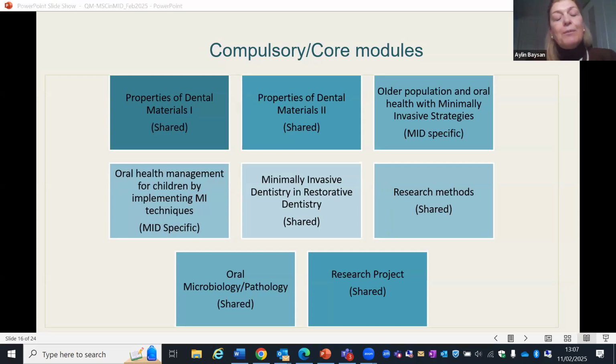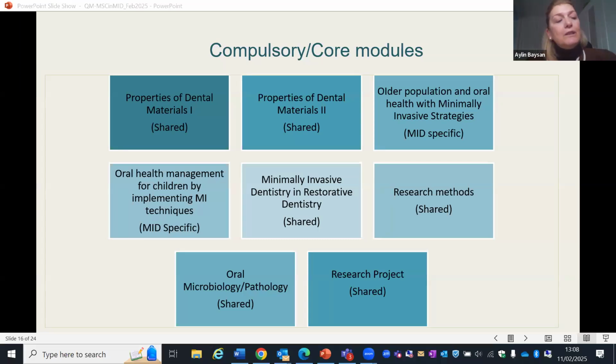Okay, and the other one is the fourth module, oral health management for children by implementing MID techniques. Again, this is MID specific, and this module is delivered by one of my colleagues, a pediatric dentist. Ideally, we wanted to have patient care here. You have the clinical skills lab procedures. You will learn how to do the Hall technique. You will learn how to do ART, fissure sealants, and so on. All MID related techniques.